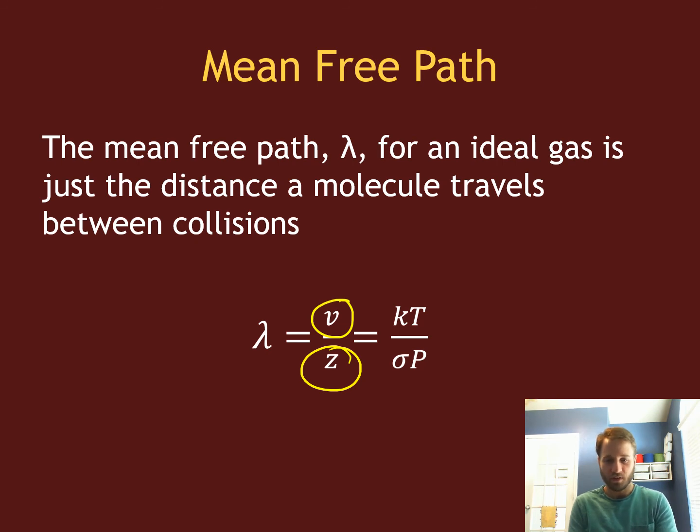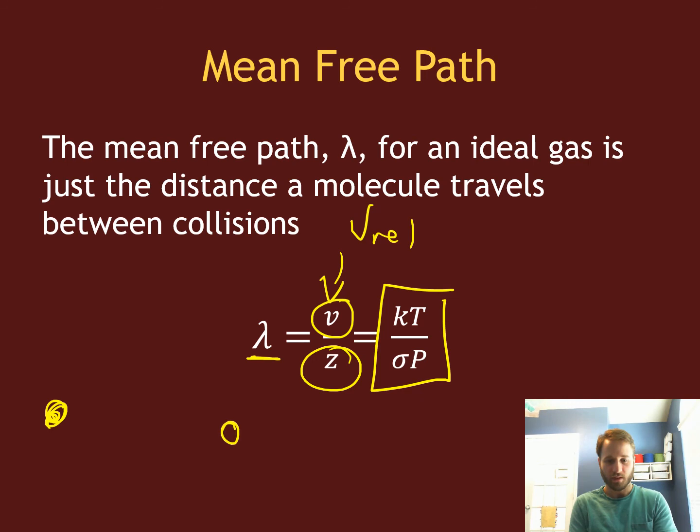So plugging in for the collision frequency and simplifying, you get that the mean free path, lambda, is just related to Boltzmann's constant times temperature over this cross section divided by pressure. And we get that because this velocity here is the relative velocity. I could have mentioned last time, often what we're referring to as relative velocity is if you had two particles, A and B, let's say they're both traveling in this direction, but A is traveling faster.